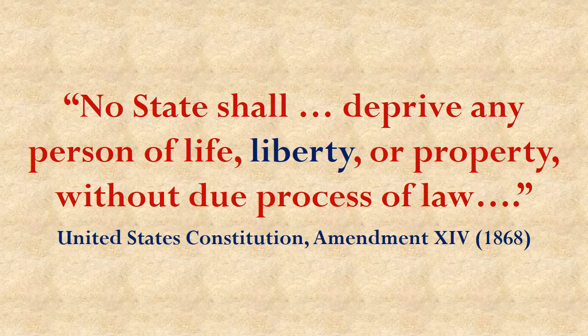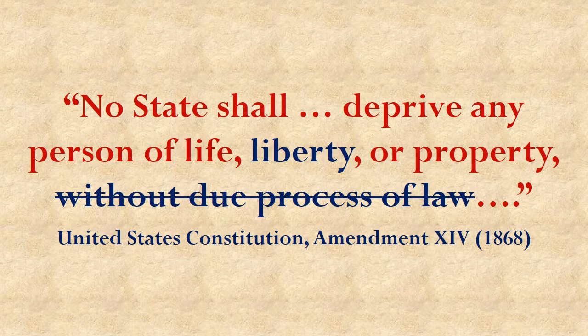But when they make this argument about the Due Process Clause, they seem to forget that there's another part of the clause. Right after saying that the state of Connecticut can't take away someone's liberty, it says, but actually they can, as long as they use due process of law. Now, that would seem to allow the state of Connecticut to take this privilege of birth control away from people. But the Supreme Court isn't going to let them do that.